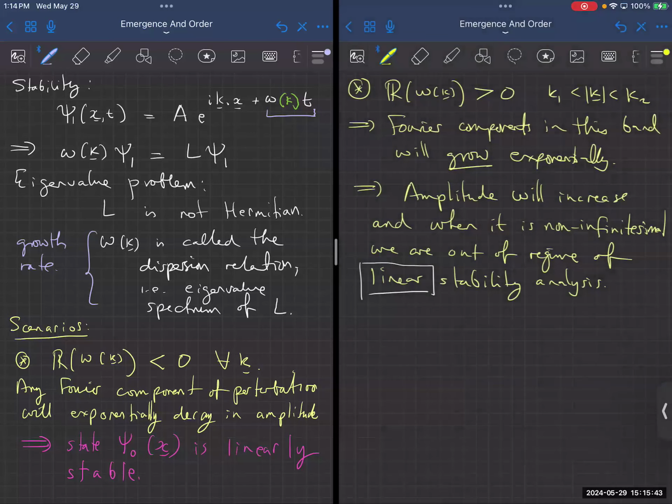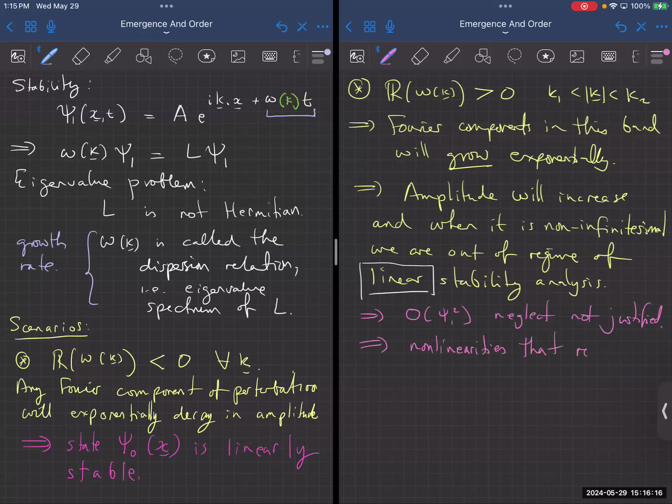So all we can say in this particular case, in this regime, the order psi1 squared neglect is not justified. The nonlinearities that restabilize the system are not included.